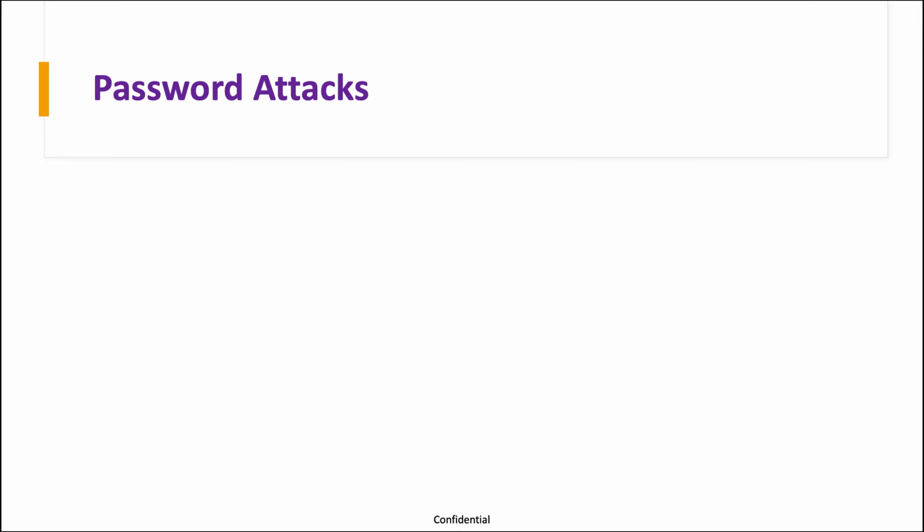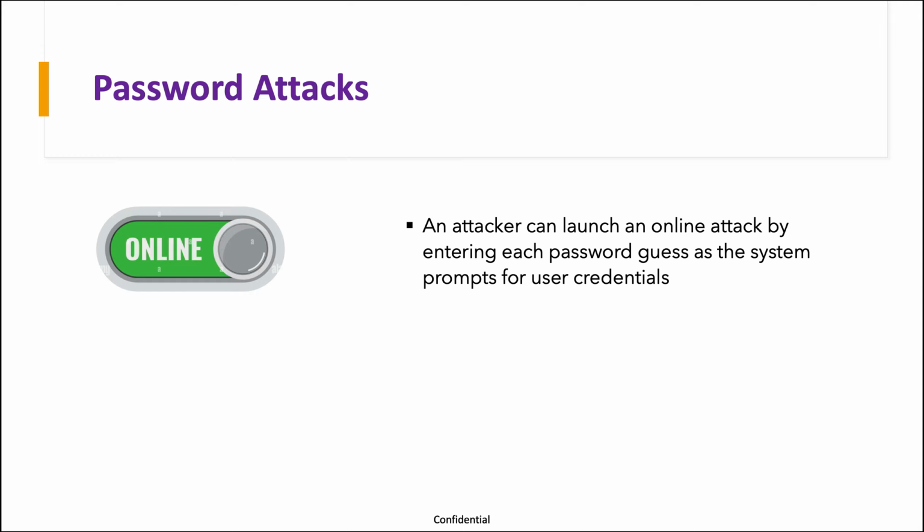Password attacks can be either online or offline. So an attacker can launch an online attack by entering each password guess as the system prompts for user credentials. Like when you log in to the device, it's an online attack, right?